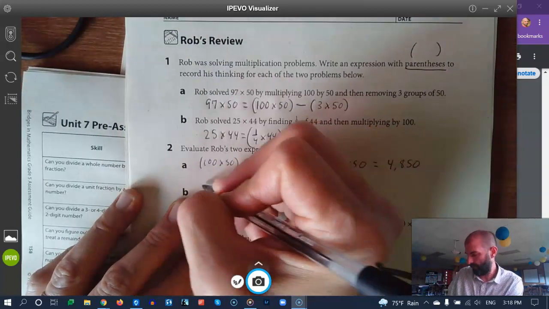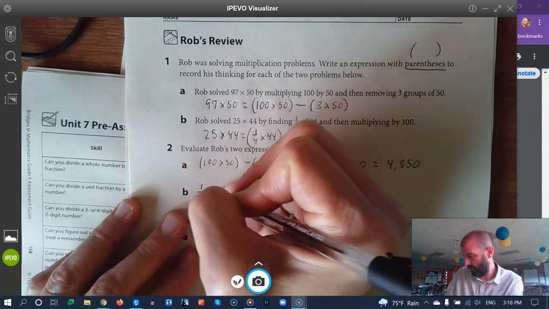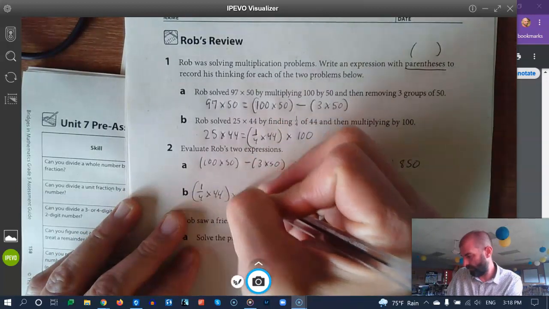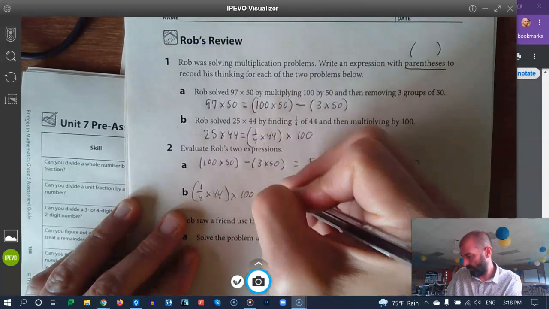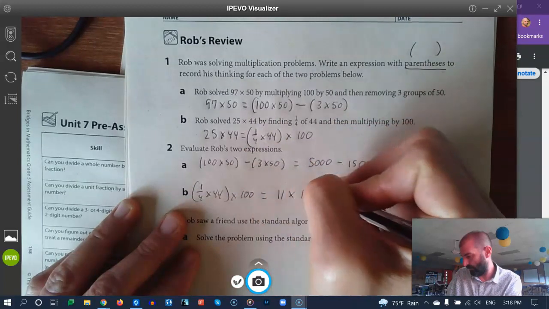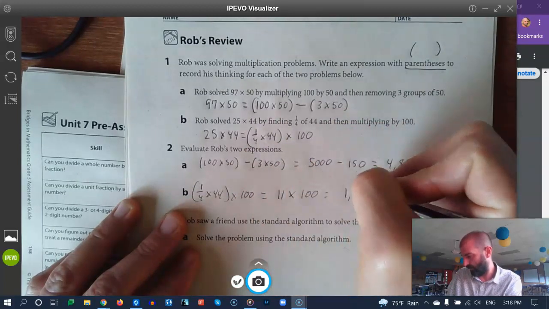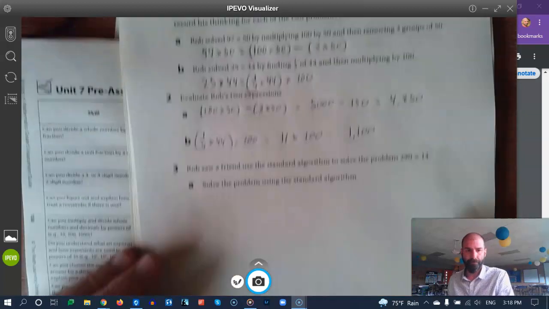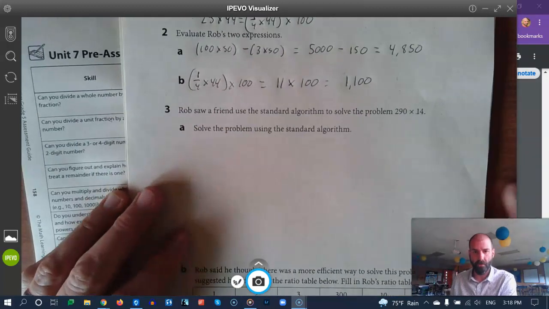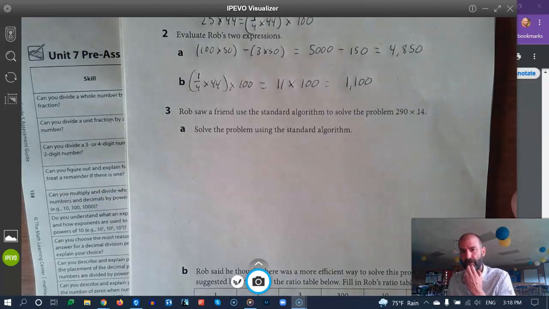And what's this one? 1/4 of 44 times 100, which is equal to 11 times 100, which is equal to 1,100.